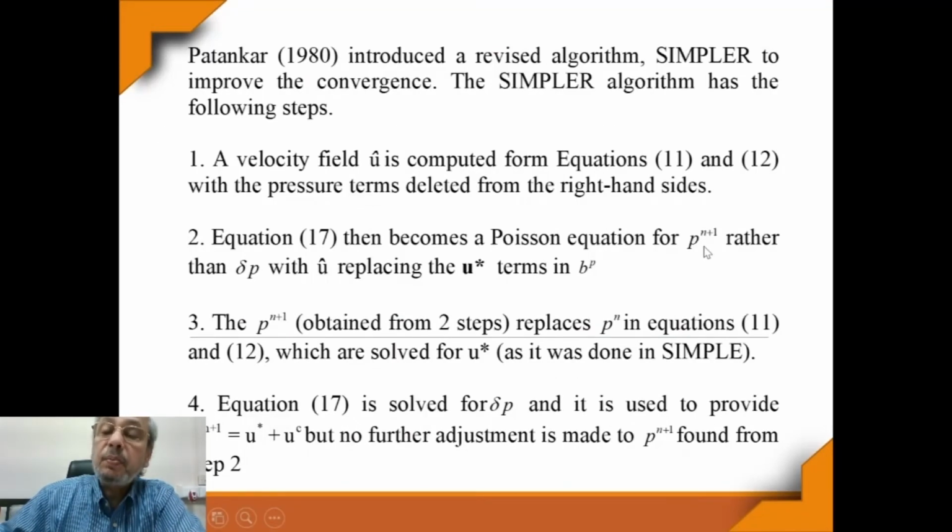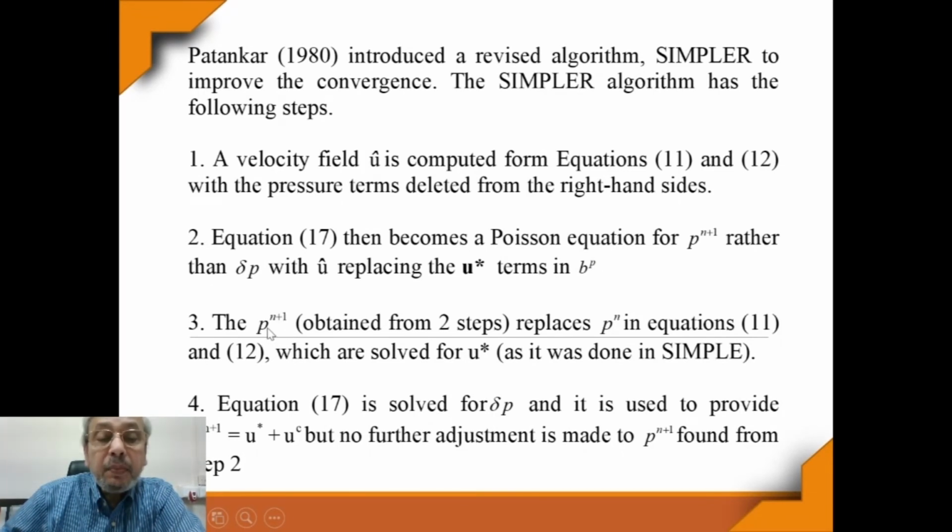Equation for Pn plus 1, because now you bring in Pn plus 1; you did not use P when you evaluated equations 11 and 12. This is Pn plus 1 rather than delta P, with U hat replacing U star terms in Bp.